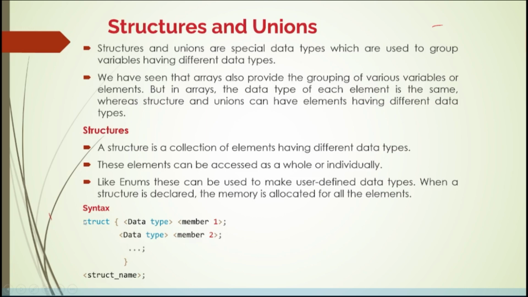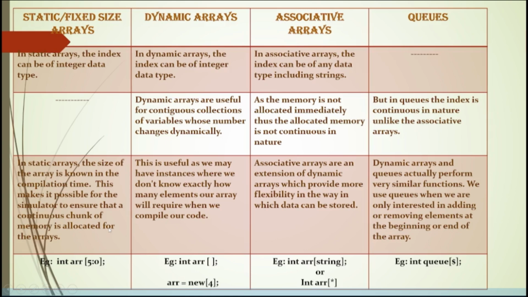So this is what I'm talking about. For example, consider an int array of 5 down to 0. This array is of int data type and can hold integer values with indices 5 down to 0, that means 6 elements. ARR is a variable which can hold 6 elements.